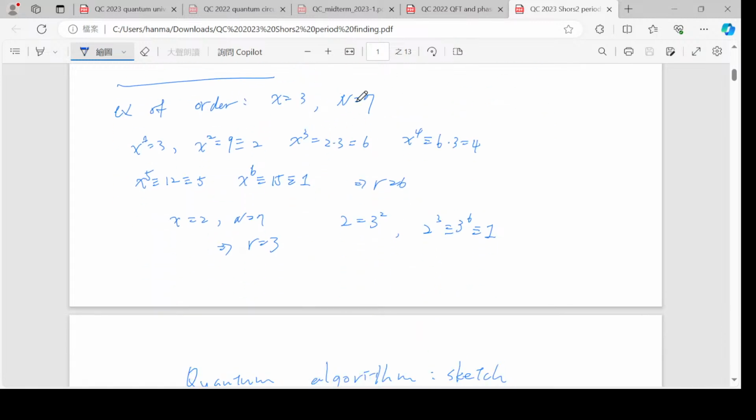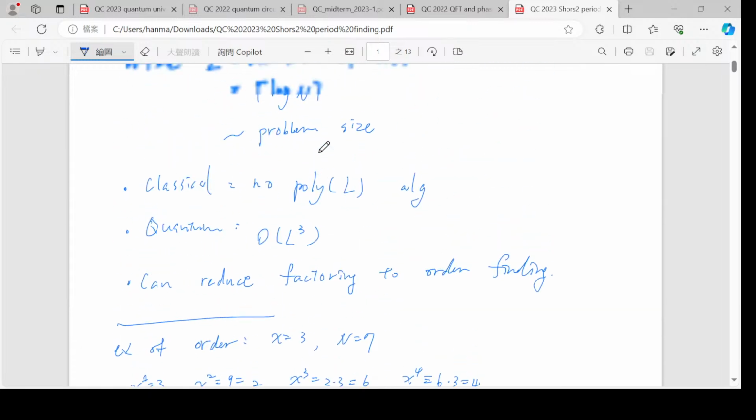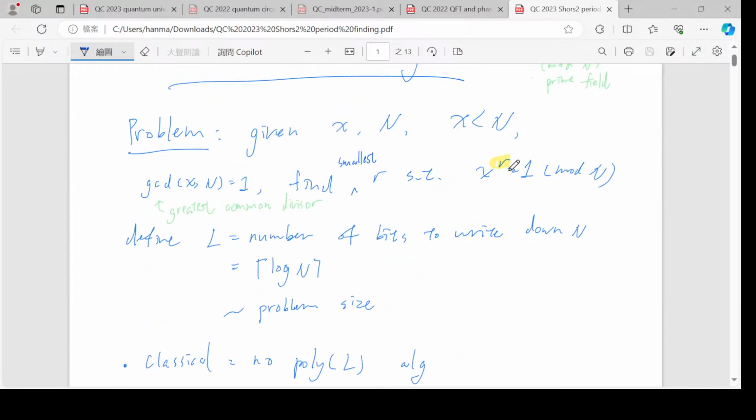Let's say n is 7 and x is 3, and let's try to find the order of x relative to this n. The easiest algorithm is just you keep multiplying x, right? So you want to find x to the r that is mod equal to 1. So you just see is r equal to 1, r equal to 2, r equal to 3, etc.